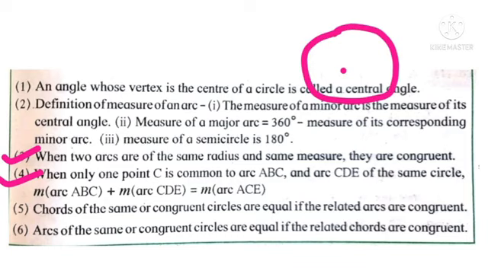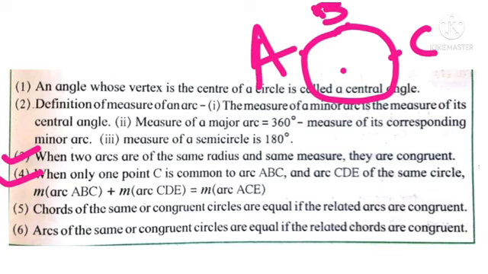C is common to arc ABC. Arc ABC ला काय आहे, C हा काय आहे, कॉमन असेल. and CDE ला. Then you can write it measure angle ABC plus measure angle CDE is equal to measure angle ACE.